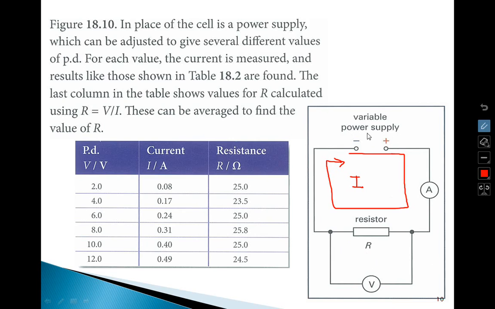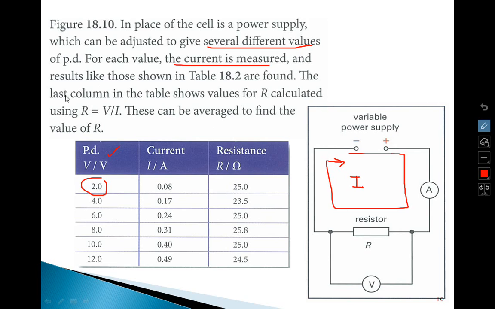The power supply is adjusted to give several different values of V: 2, 4, 6, 8, 10, 12. For each value of V, we have a different value of I and R.